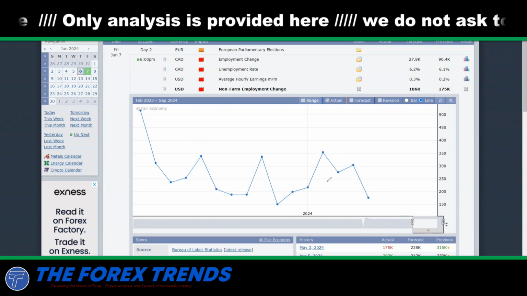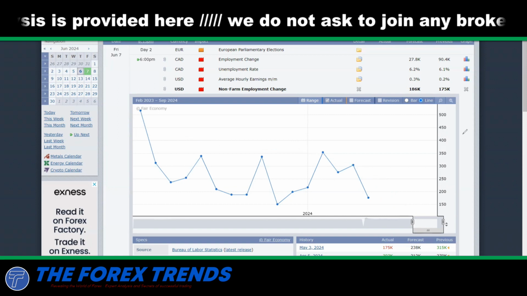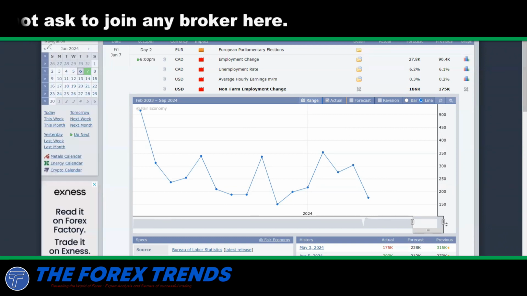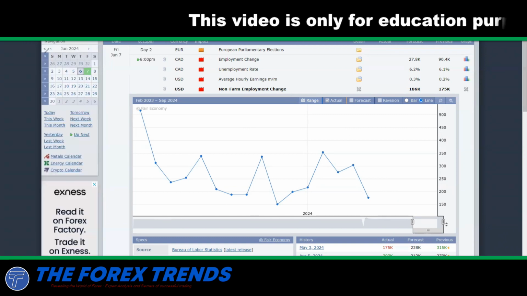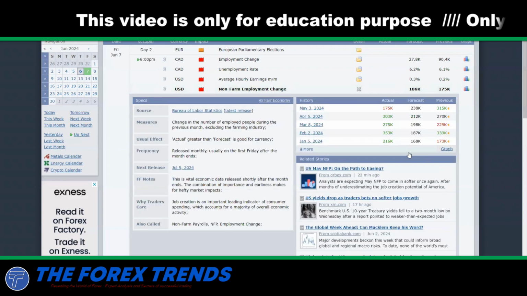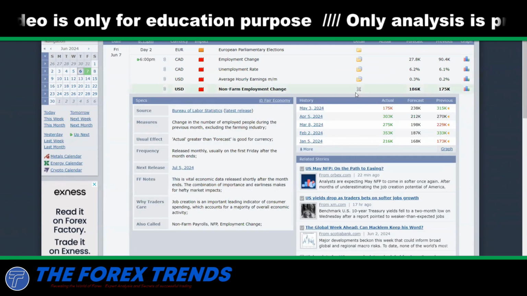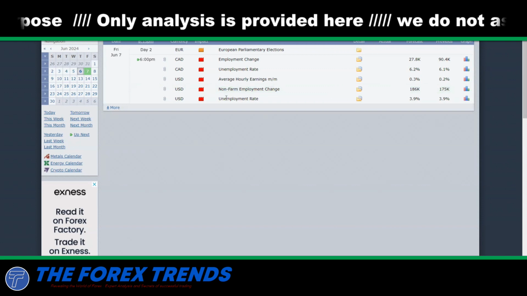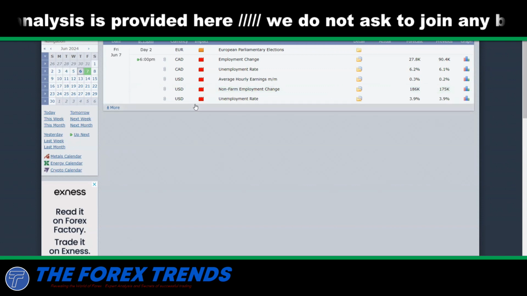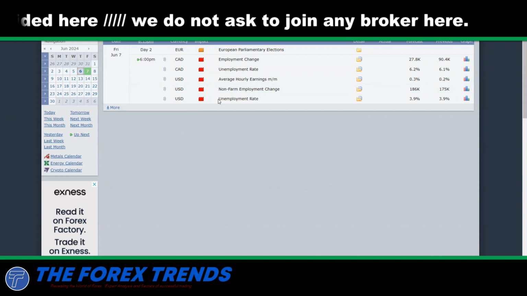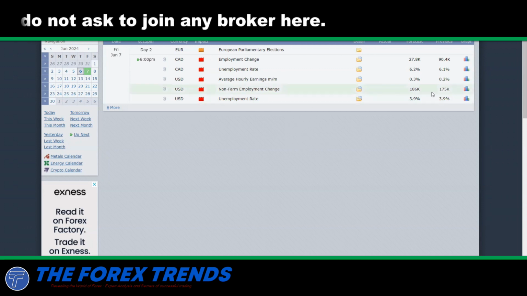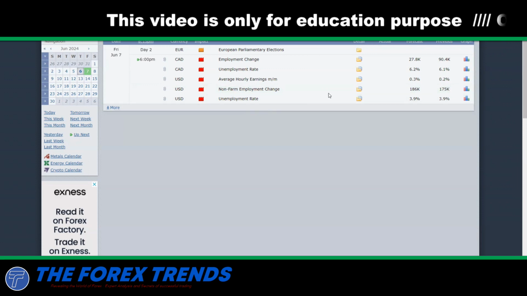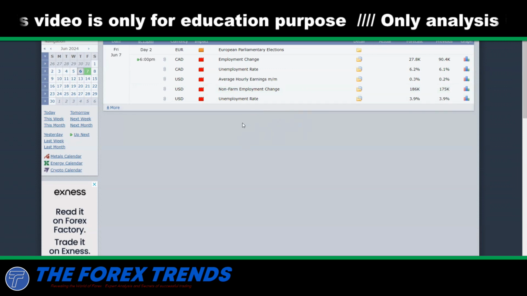That's why we need to keep patience for that. Okay, that's all in fundamentals, and after that we also have the unemployment rate news. So both these news releases will provide extra volatility in the market tomorrow.